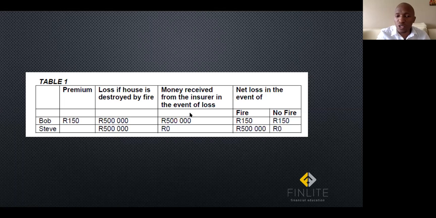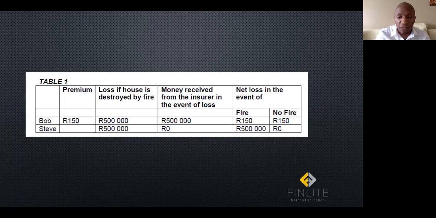Money received from insurance in the event of a loss: they are covered for 500,000. In the event of a loss, they gain 500,000. The net loss in the event of fire is 150. So the net loss, what they have parted with, is 150. In the event that there is no fire, it's also 150. So it's equalized in that manner.